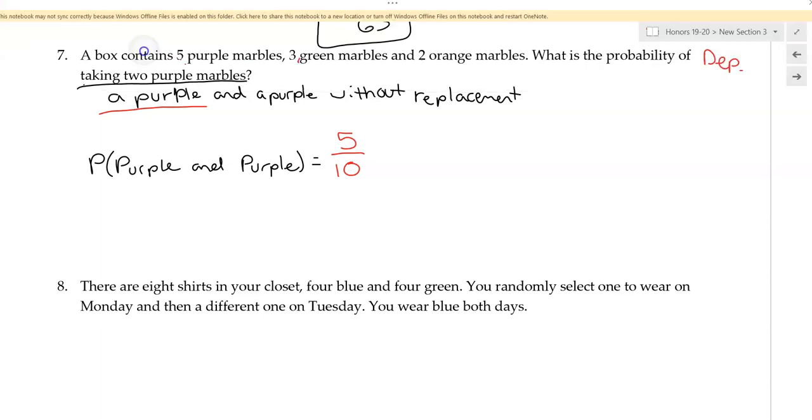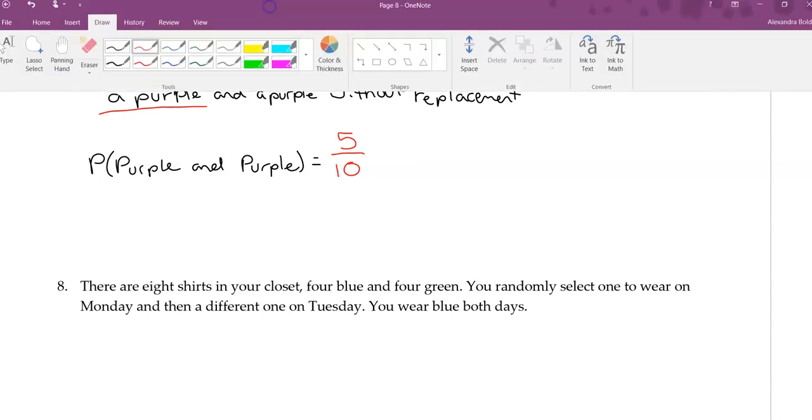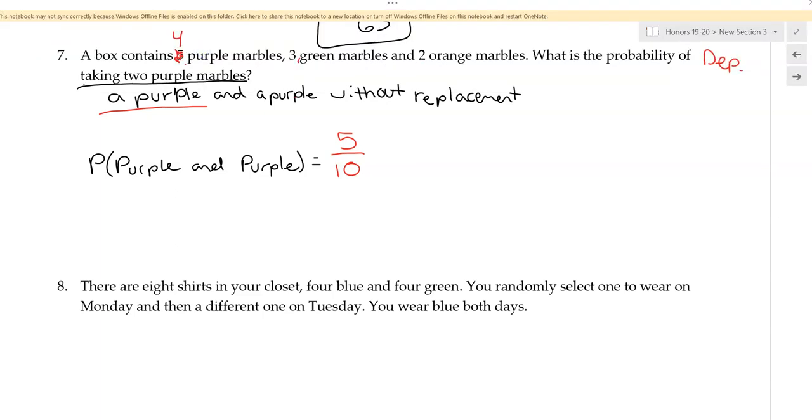So now, I've picked out one of my purple marbles. I didn't put it back. There's now 4 purple marbles. So when I go to choose my second purple, there's now 4 purple marbles, and 4 plus 3 plus 2 is 9. Well, 5/10 equals 1/2.